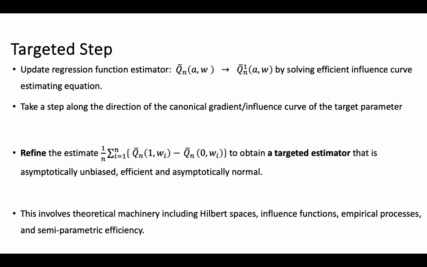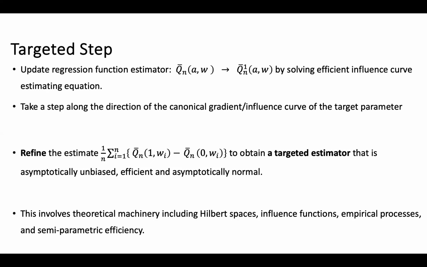And after you do that, you have a refined estimator of your regression function, and you just plug it in the way you did before. For everybody, you predict by setting A to 1, and you set A to 0 for everybody, you compute the contrast between those, and you average, where instead of using the original regression function derived adaptively, you now use the updated one.